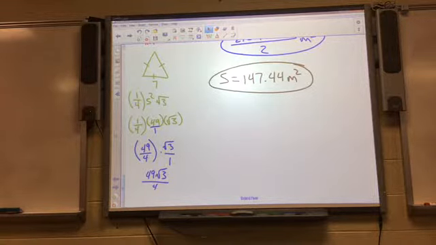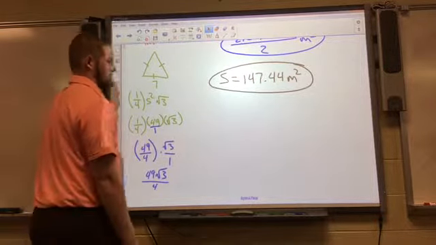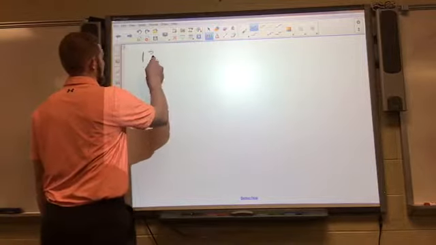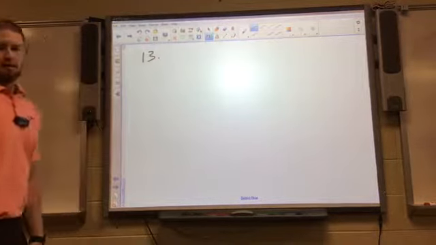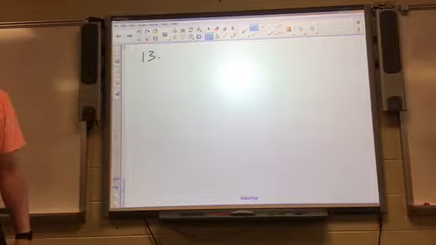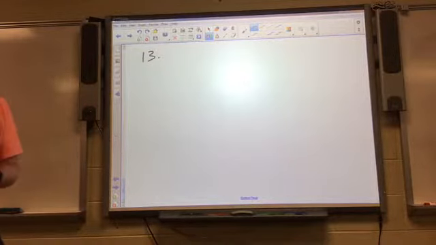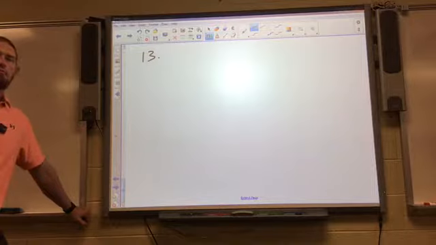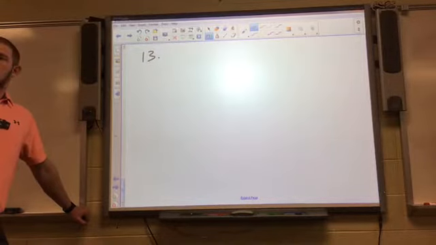All right. Flip over. I want to take a look at number 13 real quick. We'll do that one as a class just so we can make sure we have that understanding down. Give the mathematical name of the solid at the right. What shape is the base? It's a hexagon.